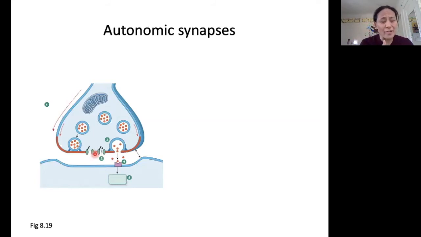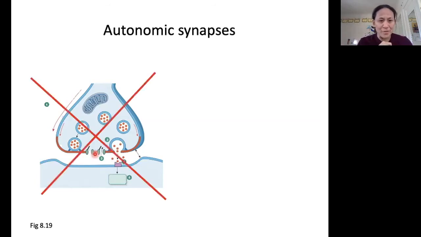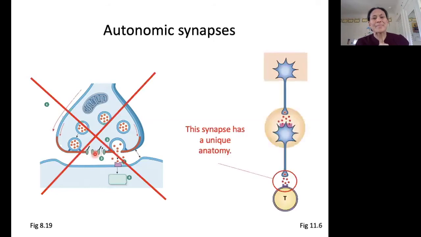In the autonomic nervous system, at our autonomic targets, we have a very different situation. What we have instead is shown in the next slide, but before I show you, I want to remind you of the anatomy.